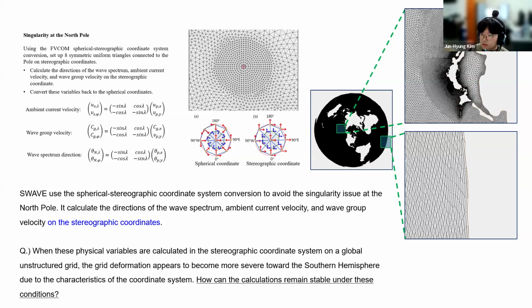But if I take the global FVCOM grid in stereographic coordinates as an example, because of the characteristics of this coordinate system, the grid shape is relatively well preserved in the northern hemisphere, but becomes increasingly distorted toward the southern hemisphere. So I can't understand how stable calculations are possible under such conditions. Okay, thank you.